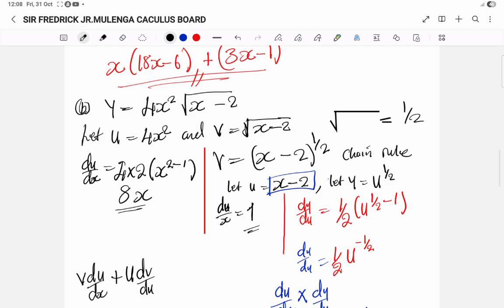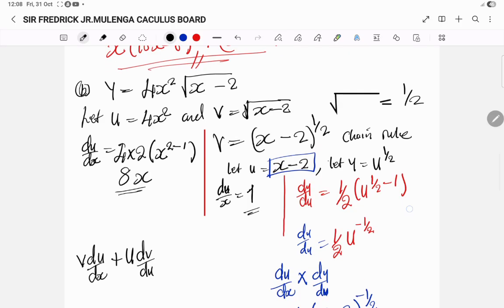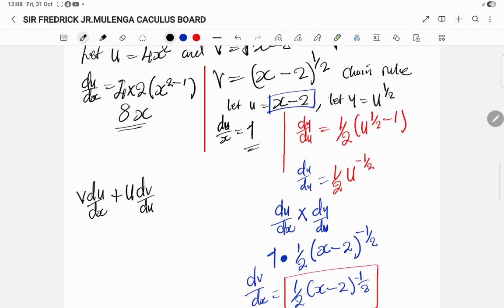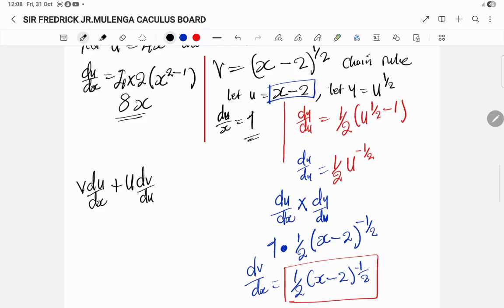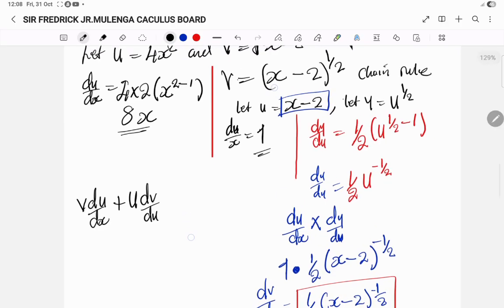We'll replace what is my v. My v, remember, is this equation which is just here. It doesn't matter whether you swap them or not. You can say v du dx or u dv du. Anything works out at this point.